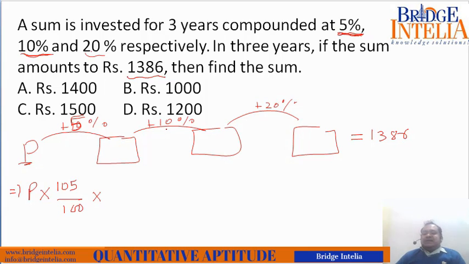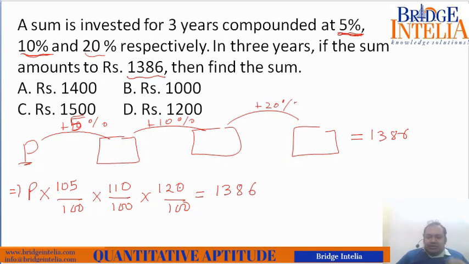Next 10% increase. So 100 plus 10, 110 by 100. Third 20% increase. So 100 plus 20, 120 by 100. If you multiply P with these numbers, then the answer comes to be equal to 1386.